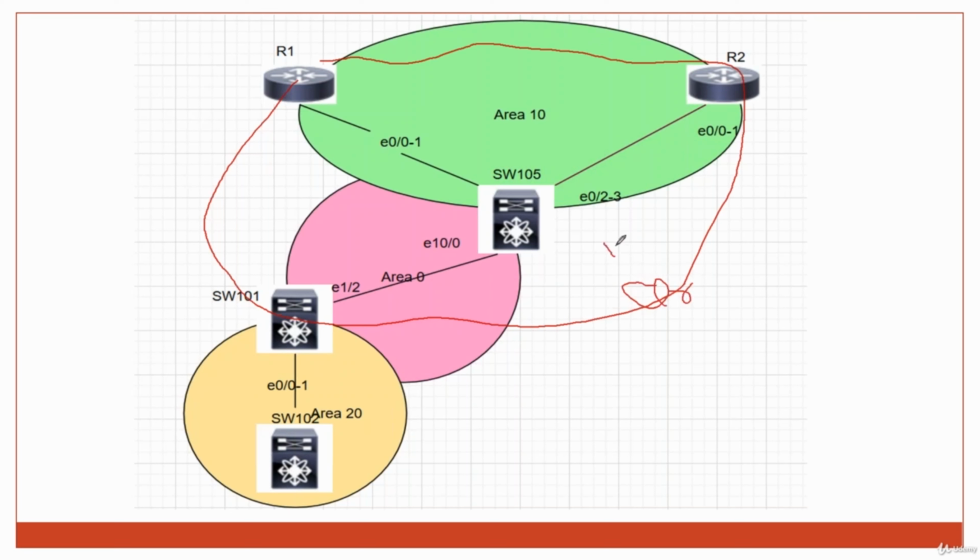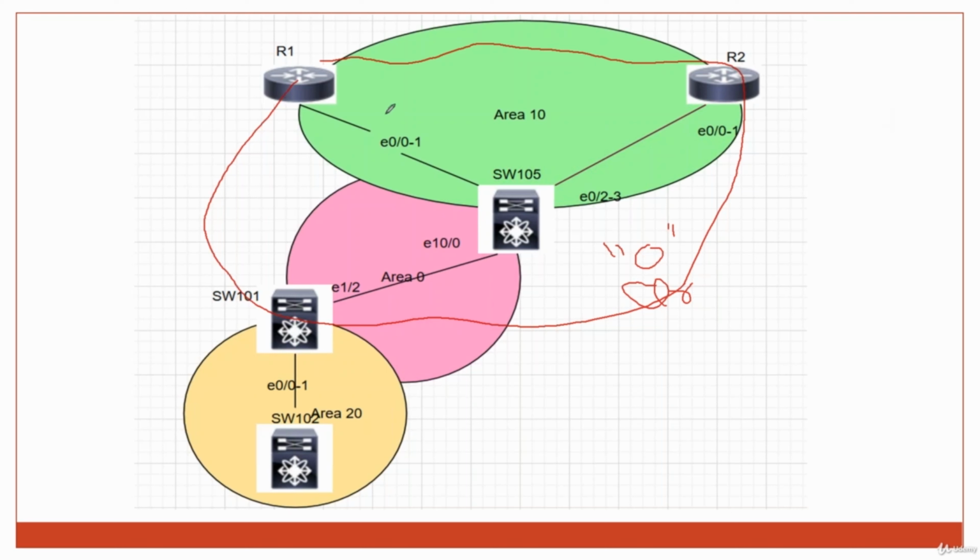And the switch you are seeing here, switch 105, I will keep as a switch only. Later on we will make this an L3 switch, but at this point I assume that I have R1, R2, and switch 101, and let me write here the IPs, and according to that I am going to configure the lab.